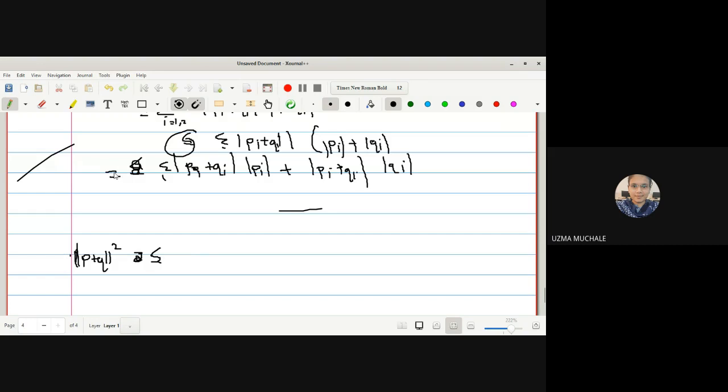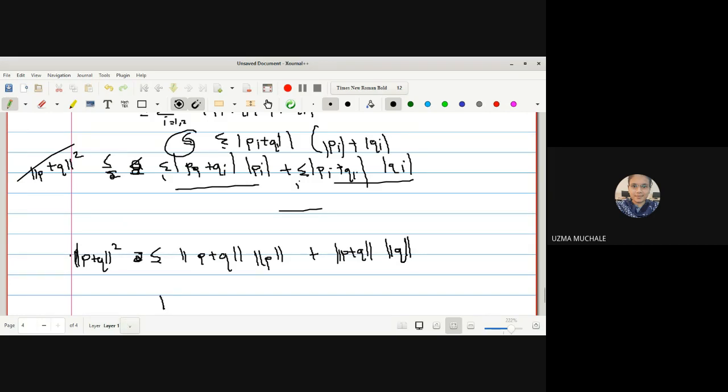If you write that term, you need to write less than or equal. If you do not have the term, you can write equality. Right? So with the help of definitions, by the Schwarz inequality, we get norm of P plus Q into norm of P plus norm of P plus Q into norm of Q.